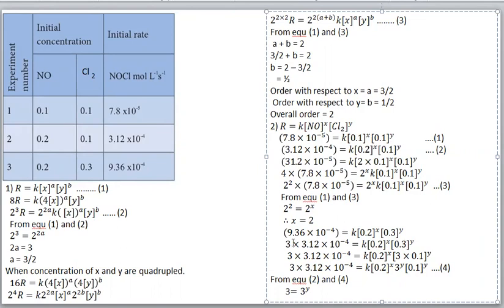And then you compare this value and this value. Then this equation 2, this rate value, when we multiply with 3, we will get exactly the same value. So we can write 3 into this value, 3.12 into 10 to the power minus 4, we write. Okay. This produces this value exactly. Okay. So equal to K into this value as it is, we write.